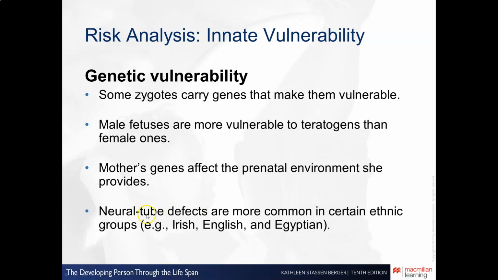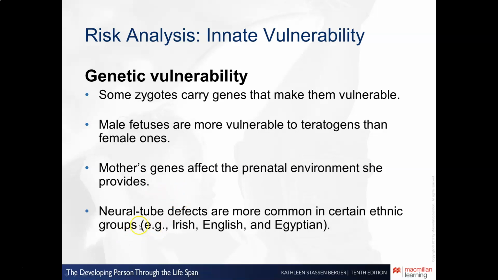Just really quickly, male fetuses are more vulnerable to teratogens than female ones. We don't know why that is, but it was discovered in research. Another thing is that the mother's genes can affect the prenatal environment she provides. So remember, genetic information that's passed from parents to their children can definitely affect growth and development.